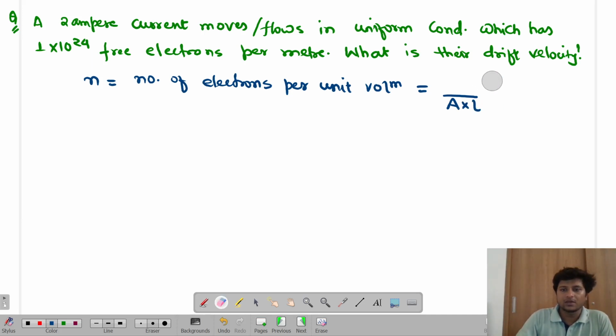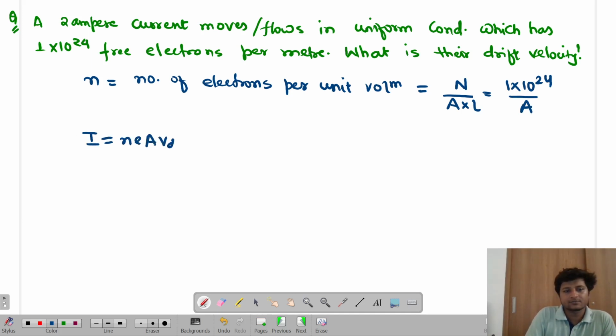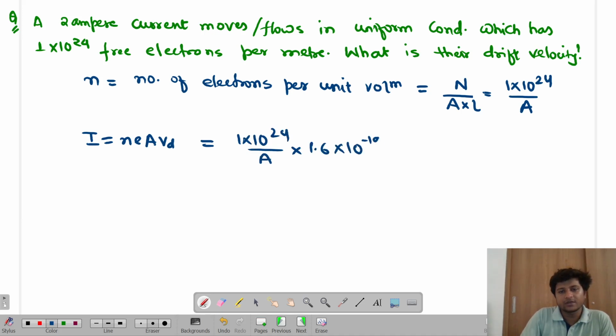Here let's suppose I write capital N. So capital N by L is given, which is 1 into 10 to the power of 24, so n is that divided by area. Got it or not? So now I can use the formula I is equal to nevd. n is 1 into 10 to the power of 24 by area A, into 1.6 into 10 to the power of minus 19 coulombs, into drift velocity is my 2 amperes of current.